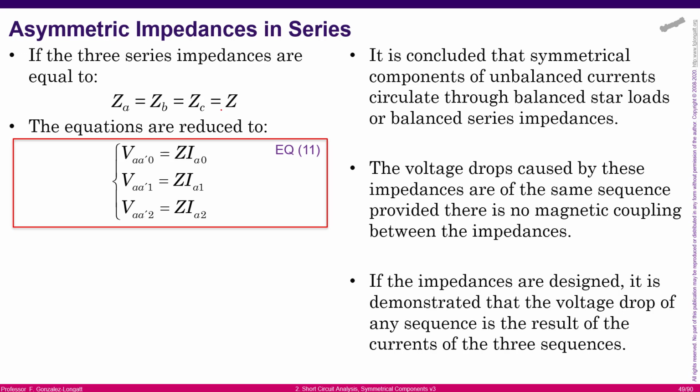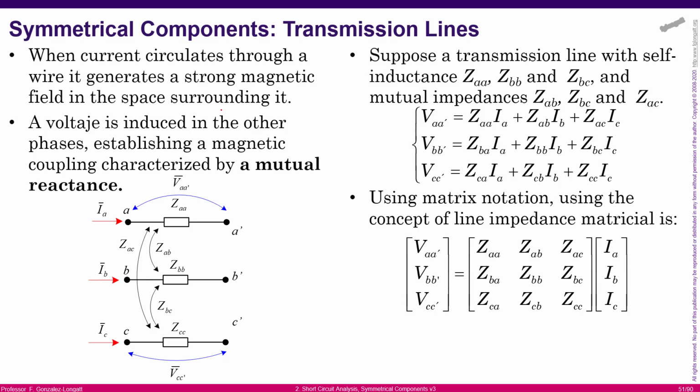Okay, good. Let me complicate the problem a bit more now. Let's think about a three-phase transmission line, but in this case we are considering a bit more complex situation.